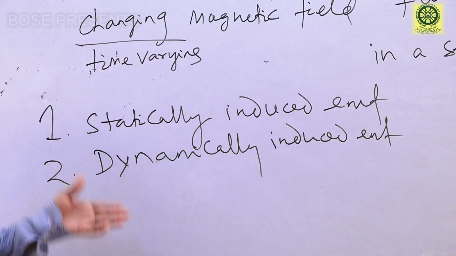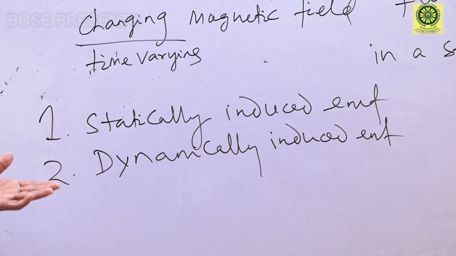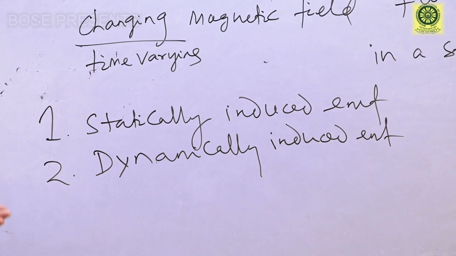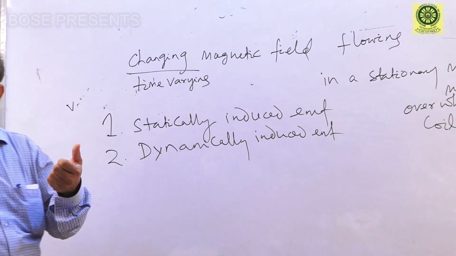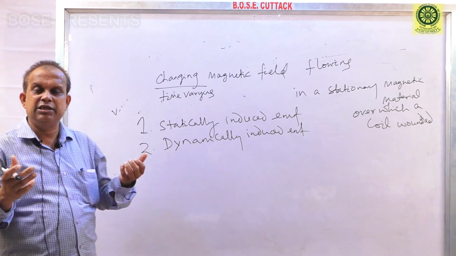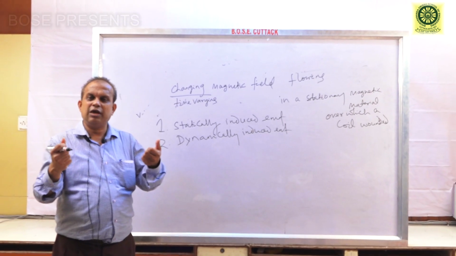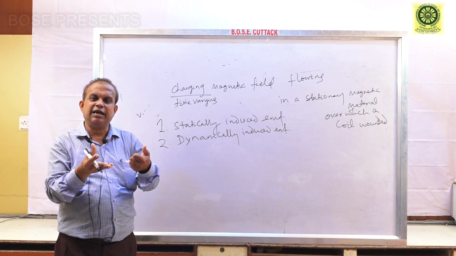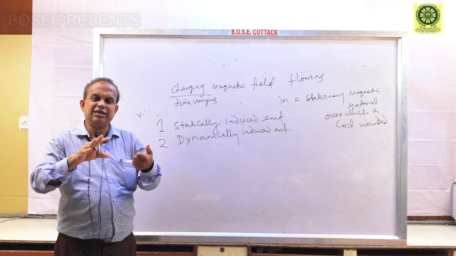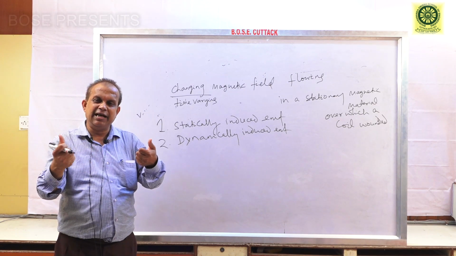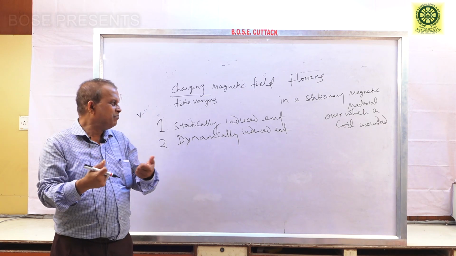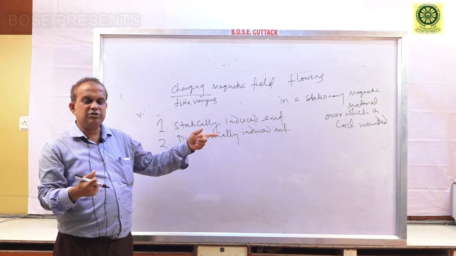In those machines, the magnetic field is stationary. Suppose you talk about a DC generator. There are north pole and south pole which are fixed, and the armature coil is rotating there. So the process is reversed. Here the coil is rotating inside a static magnetic field, thereby EMF is induced in the coil. That is called dynamically induced EMF.